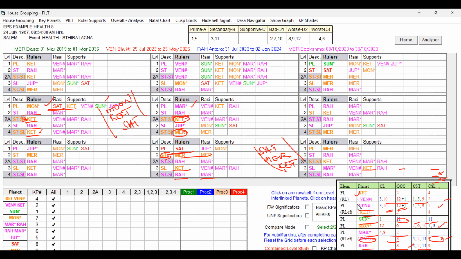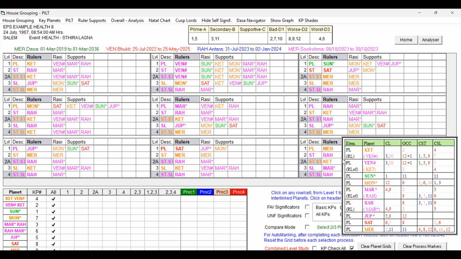So now what we have to do, which are the unfavorable key planets making the destinies weak? Mercury, Rahu, and of course, Saturn, already sixth sublord, is playing a role. So we have to keep this in mind. Now, if you look at the unfavorable key planets in the self-signification, Ketu, it was playing a role in the destiny planet, Ketu, and which are the unfavorable key planets making the health deteriorated?